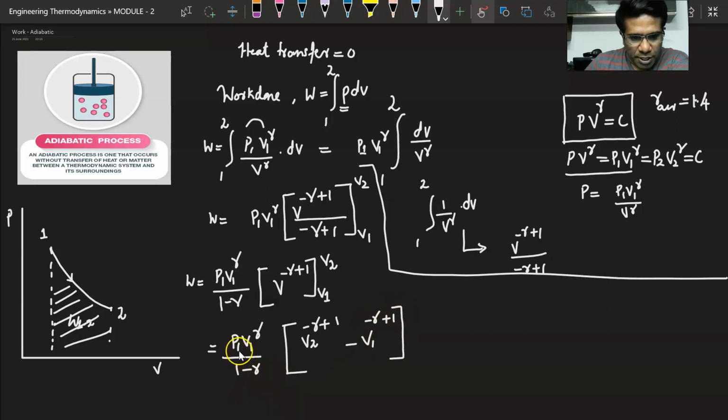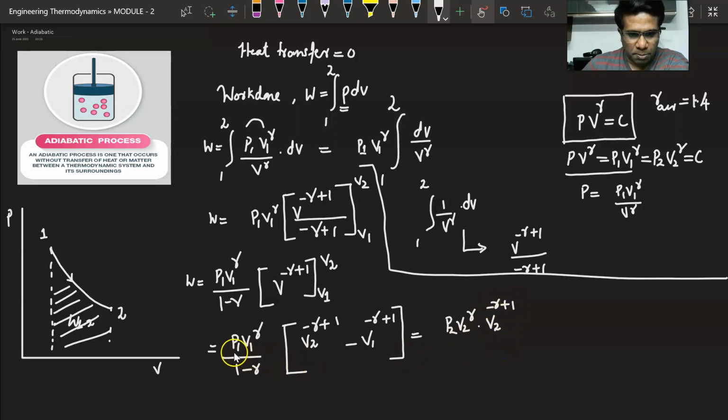Now you know that P1 V1 raised to gamma is equal to P2 V2 raised to gamma, right? So I am multiplying this term with both these values inside the bracket. Instead of P1 V1 raised to gamma, I write P2 V2 raised to gamma into V2 raised to minus gamma plus 1.